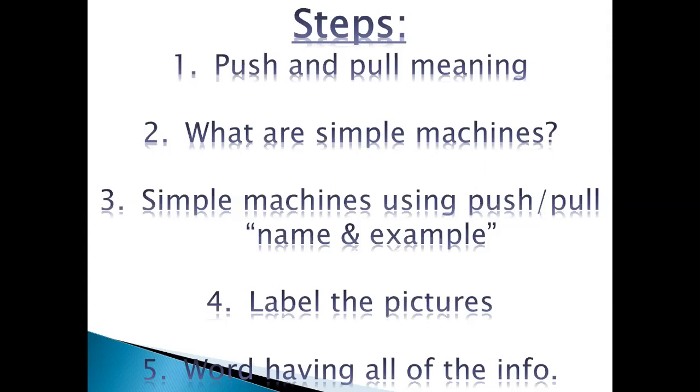Okay, so after you write what the simple machines are, you will choose the examples, and you must write the name of the example and its type, either lever, pulley, inclined plane, wedge. From the 6 types, you will choose them. Number 4, in your research, I want you to label the pictures. For example, you have chosen the seesaw.